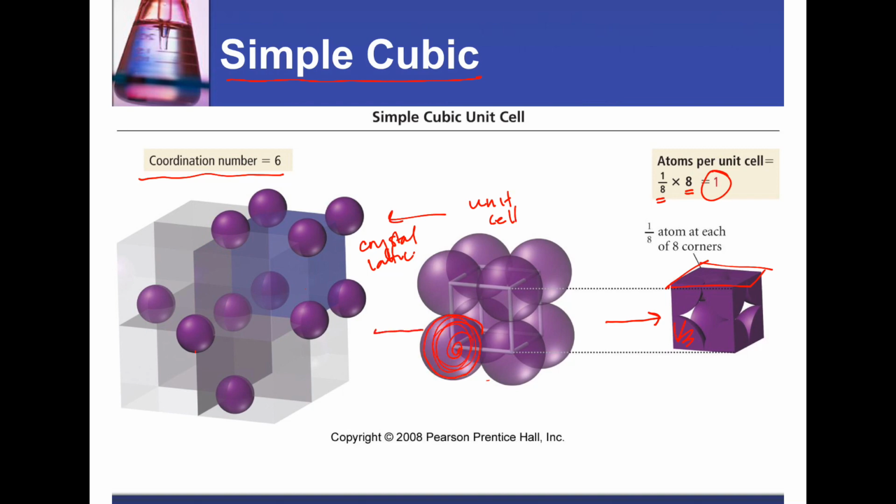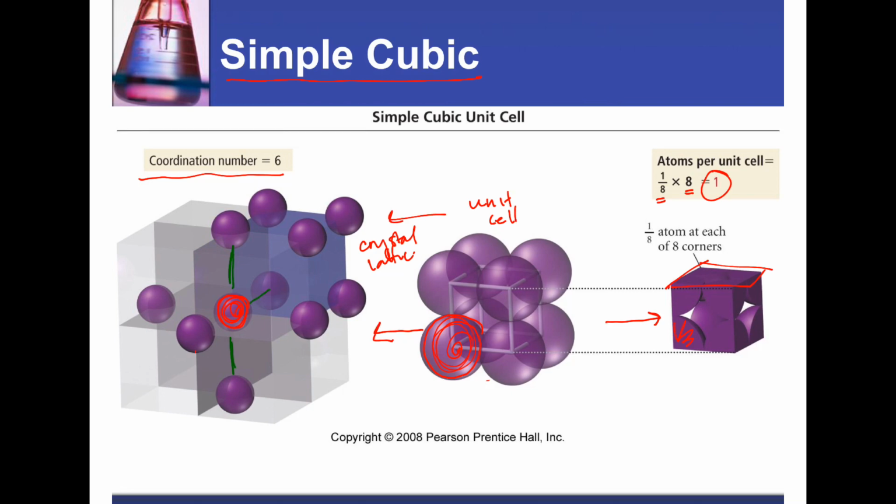If I look at where that atom is on my unit cell right here, it's this atom. Okay, so I'm going to clean that up, and I'm just going to mark that atom again. It was this atom right here. I'm going to look at how many other atoms that atom is in contact with, how many it's sitting next to. So it's sitting next to this one on the top and this one on the bottom.